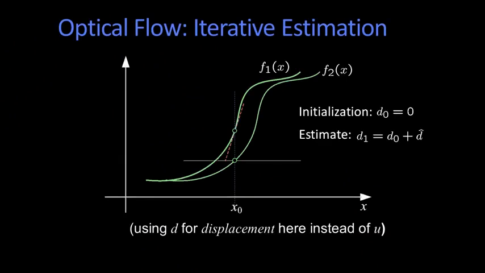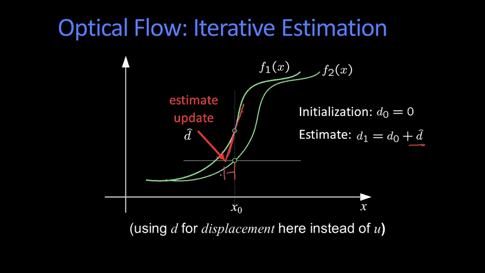Now I have to estimate the next one, d1, by figuring out what the new displacement is. That's what this new little delta d is going to be. So how do I do that? Well, I have to compute these tangents, and you can see the tangents are right there. Based upon that tangent, come down here, it says if this thing were actually a plane, this amount, that's my d hat.